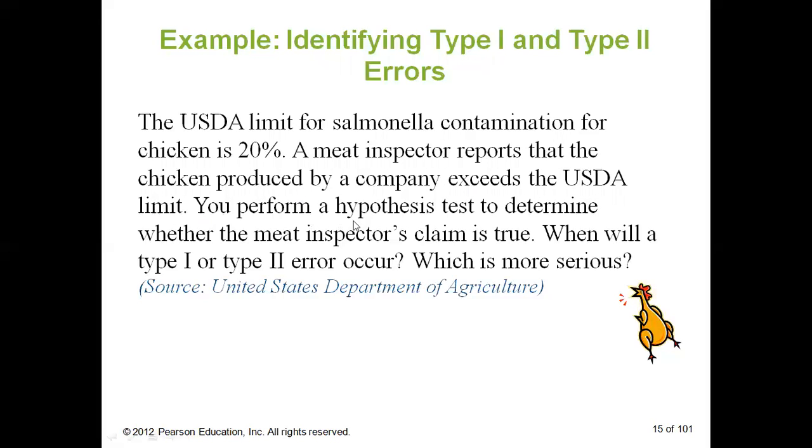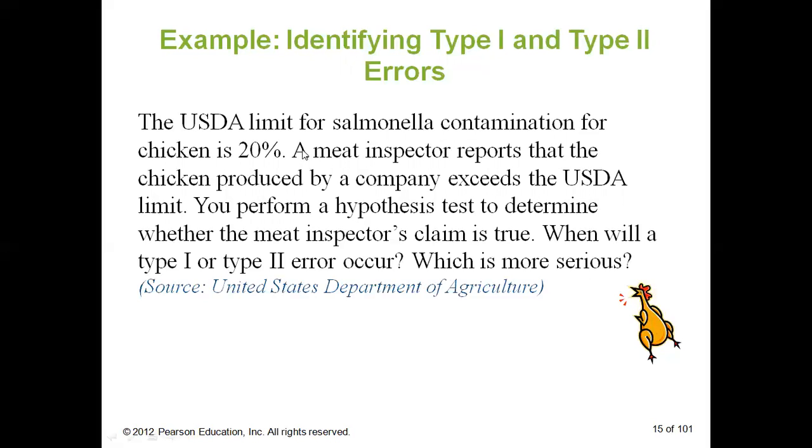You perform a hypothesis test to determine whether the meat inspector's claim is true. When will a type 1 or type 2 error occur? Which is more serious? So here, what is the limit? The USDA limit for salmonella contamination for chicken is 20%.